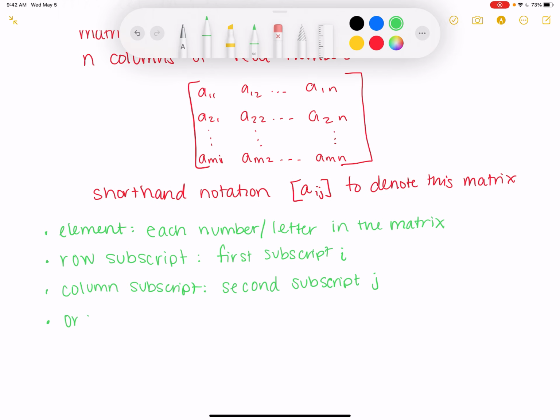The order of the matrix, again, like I said, it'll be rows first, then columns. It's an M by N matrix is how we say it, which is M rows and N columns.